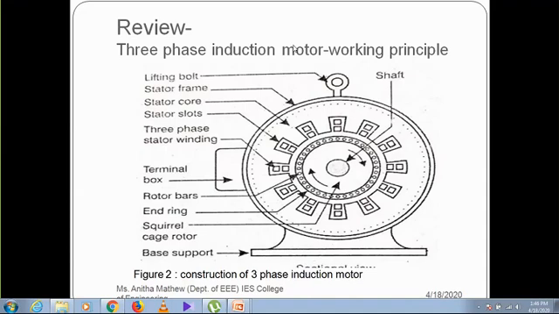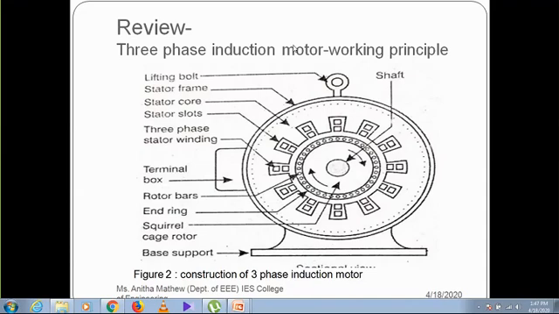So in order to oppose the cause, the rotor has to reduce the relative motion between the speed of the rotating magnetic field and the rotor. To reduce this, the rotor tries to rotate at the same speed as that of the rotating magnetic field.